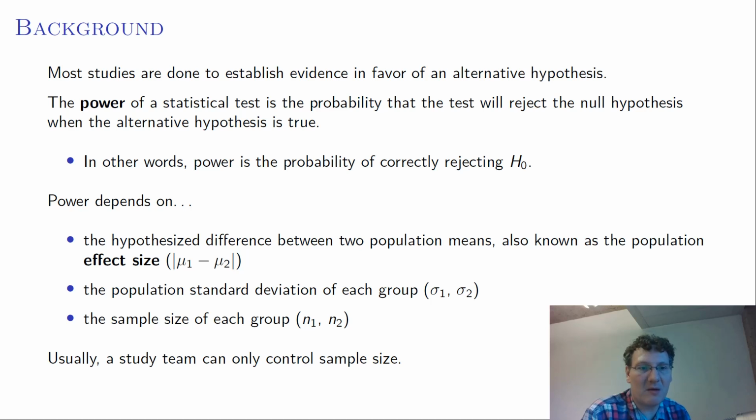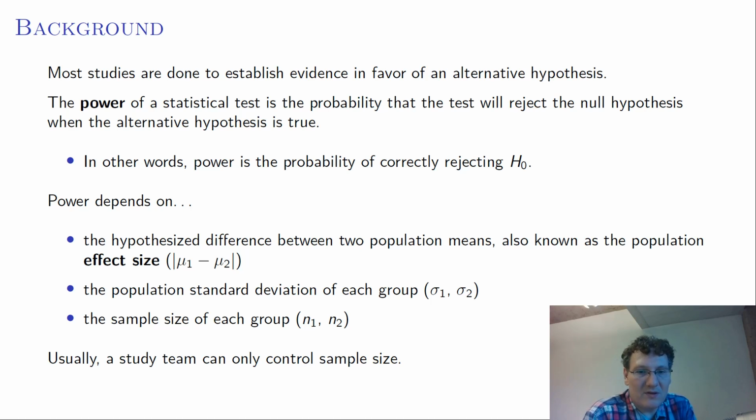In other words, it's the probability of correctly rejecting the null hypothesis. And if you recall, a type 1 error is the probability of incorrectly rejecting the null hypothesis. That's when the null hypothesis is true, the probability that you reject it anyway.